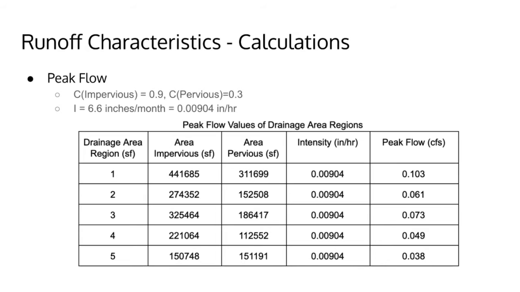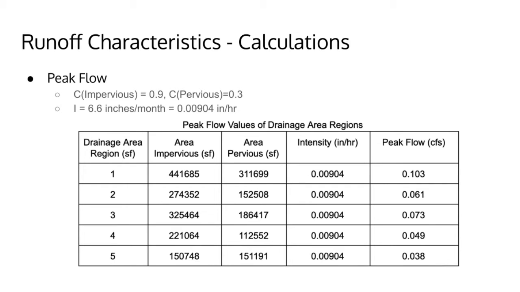Next, we get into runoff characteristics. In this slide, we calculated the peak flow runoff using the rational method. In order to do so, we firstly determine the runoff coefficient.